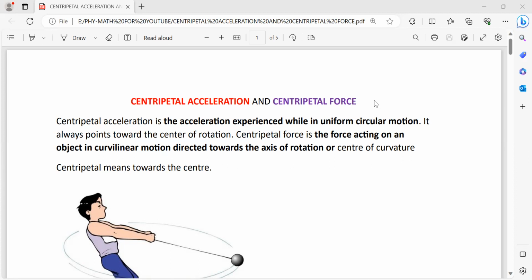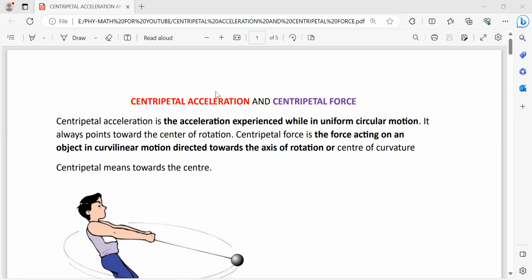Before we discuss several questions and find the solutions, firstly, we need to understand centripetal acceleration, centripetal force, and later the angular velocity. But we will begin with centripetal acceleration and centripetal force.